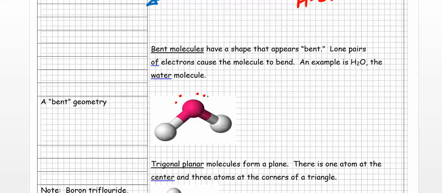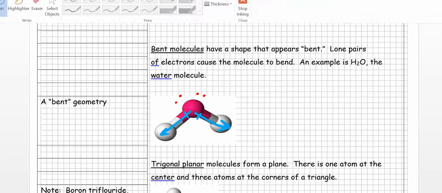This pair of electrons and this pair of electrons are causing the molecule to be bent down, so that this electron density is pushed this way, that electron density is pushed that way, and we have what we call, again, a bent molecule. Now, when somebody says the bent molecule, I want you to think of the prototype.